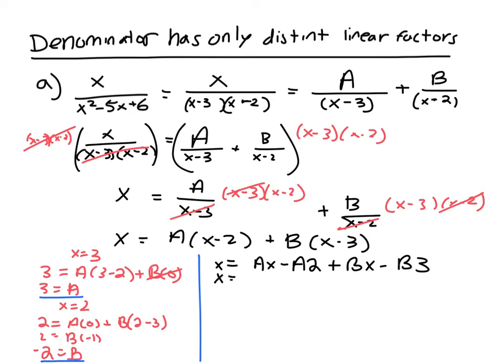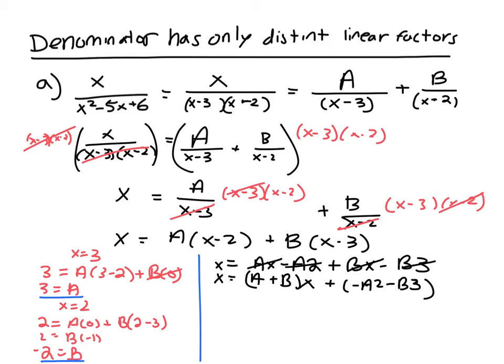Let's go ahead and combine like terms. So I'll have (A + B) times x, right? That got rid of this term and that term. And then plus (-2A - 3B), and that gets rid of those two terms.